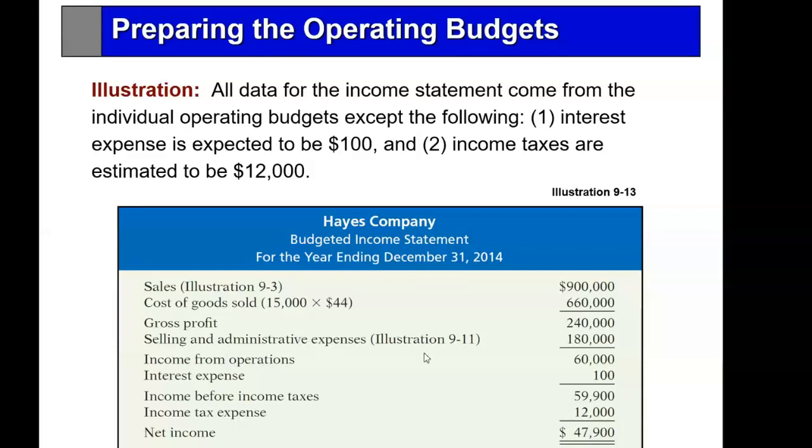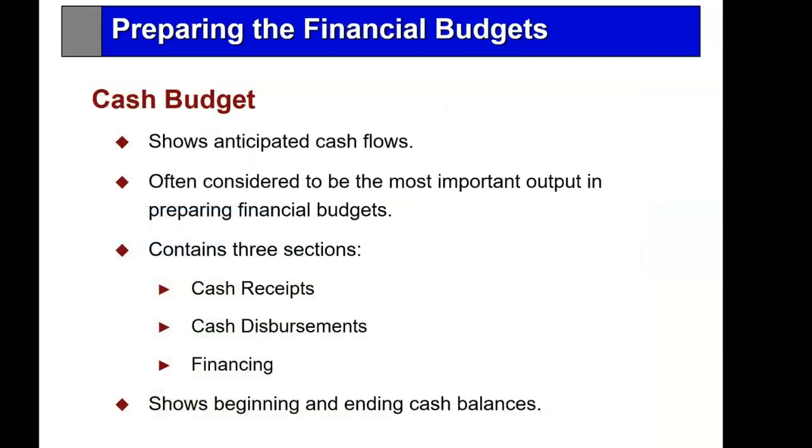And I come up with my net income. Now, this is a projected net income statement, right? Or a budgeted income statement. Or it's also called a pro forma income statement. Pro forma means estimate. All right, that completes my operating budget.